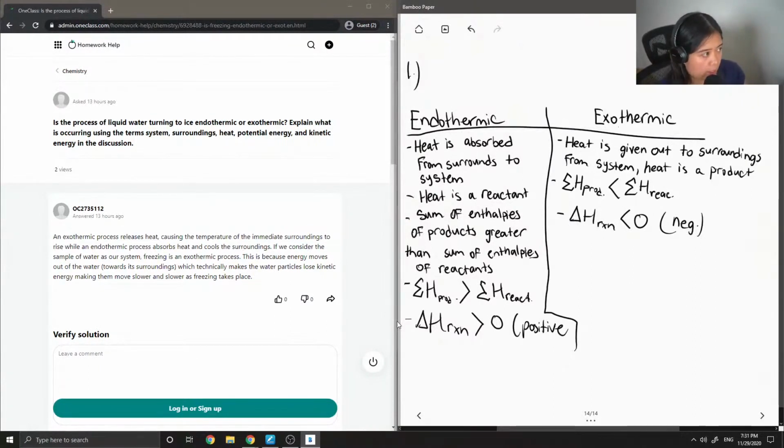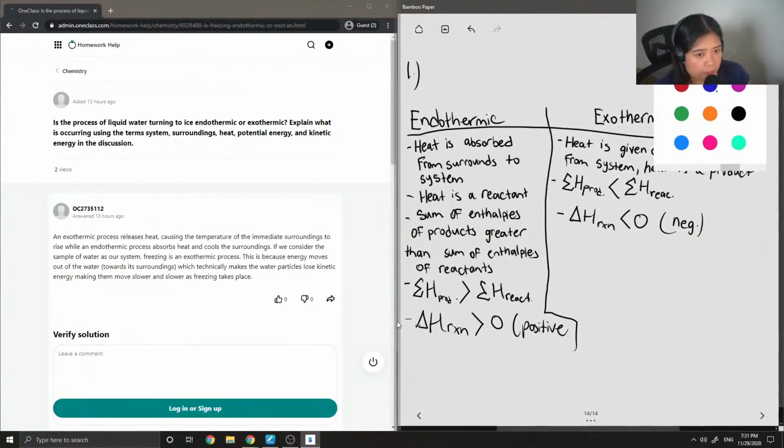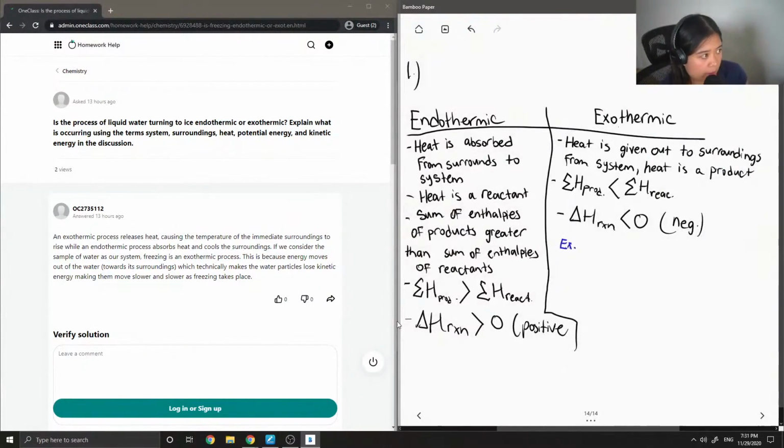So the question asks if the process of liquid turning to ice is endothermic or exothermic. And this is actually an example of an exothermic reaction, so I'll write it in the column for exothermic. And let's draw a little diagram. So this is liquid water that is frozen to solid ice.